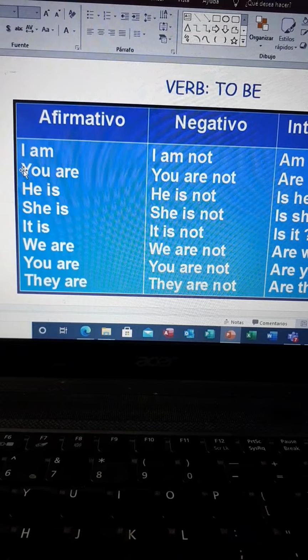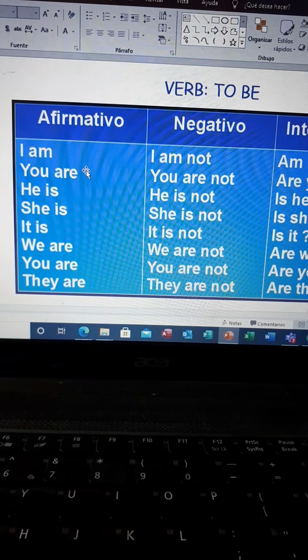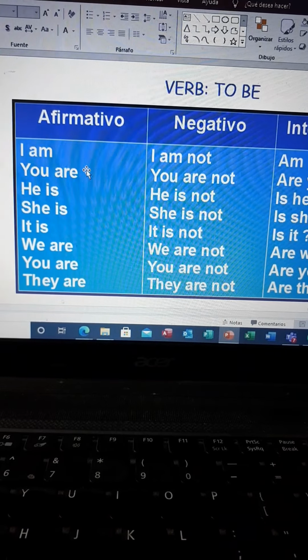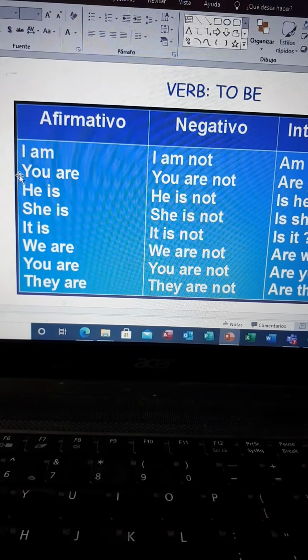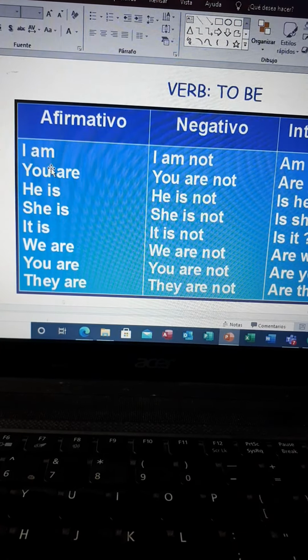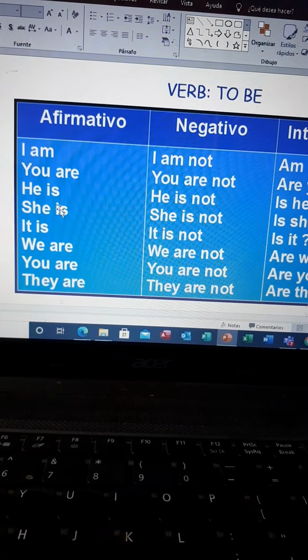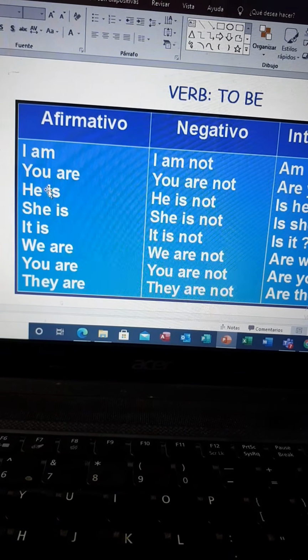Well, when we talk about you, it is to name someone in the second place, okay? But anyway, it doesn't matter if it is one person. It also goes with are. Just he, she, and it, we're going to use with is.